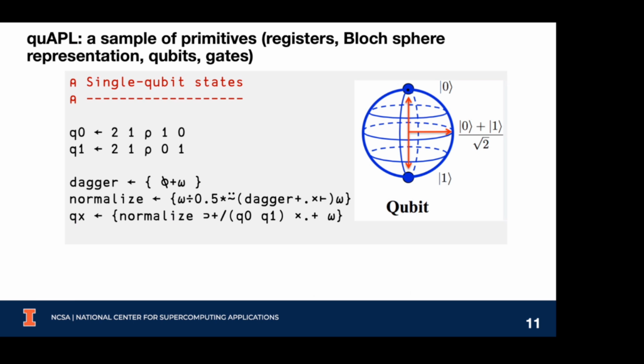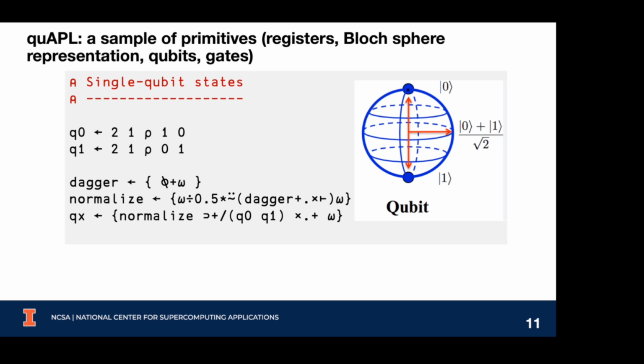The input can be a vector or a matrix. We also have a normalize function, because we want to ensure that every vector is of unit size. So after any operation, we can normalize the vectors to have a normal state.